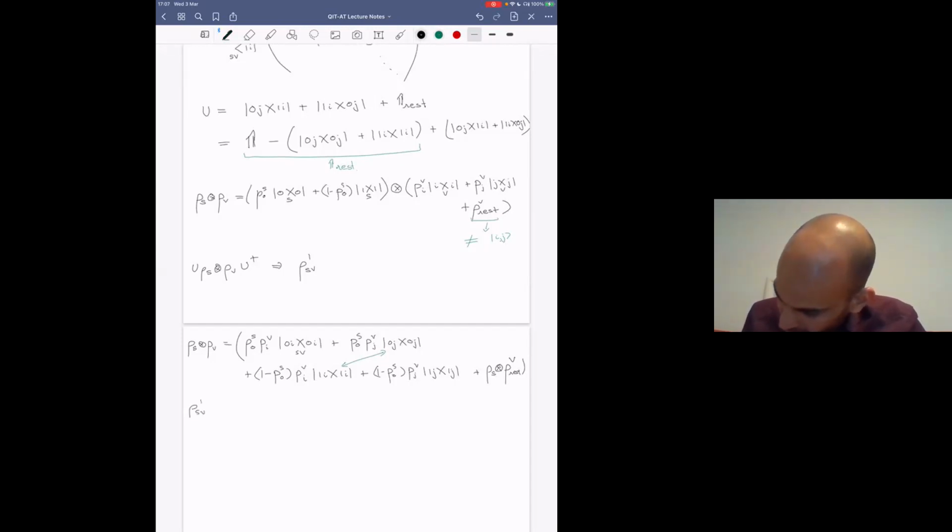Our rho SV prime is simply going to flip those two. So this remains the same, this remains the same, and this one now flips.